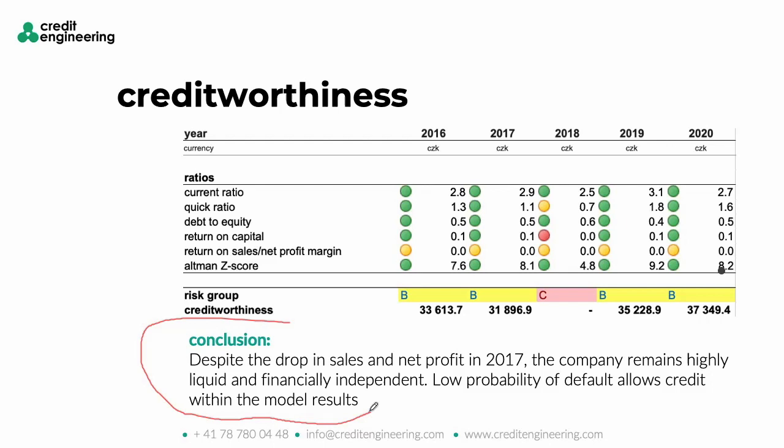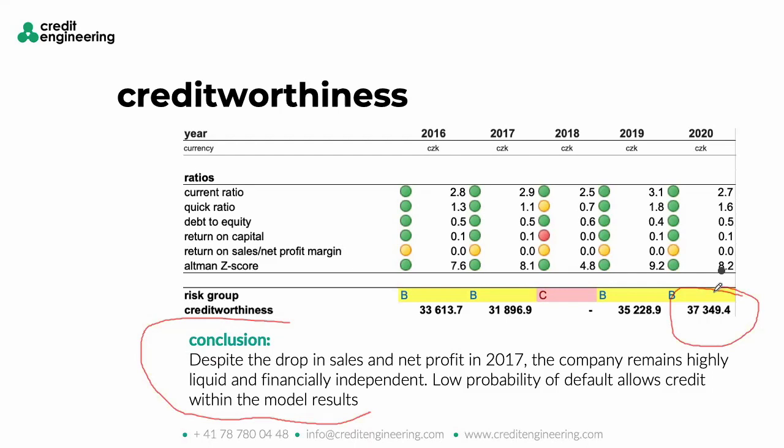So the model is calculating, then the credit analyst is to conclude as objectively as possible to define this simple amount: how much money we can safely trust to this or that counterparty.